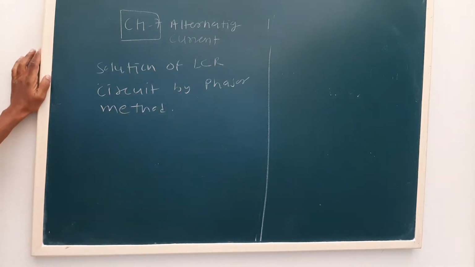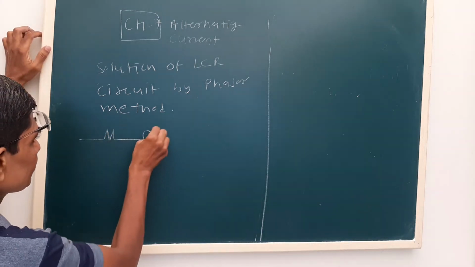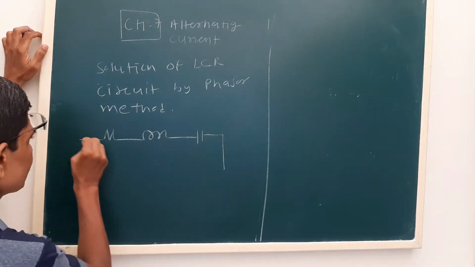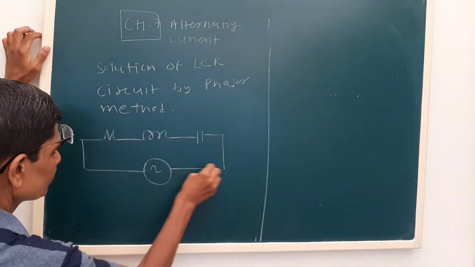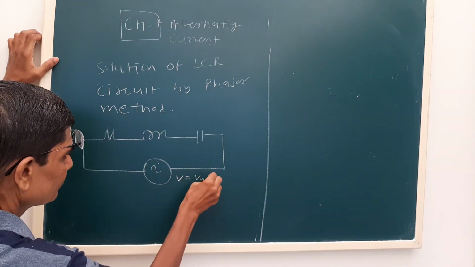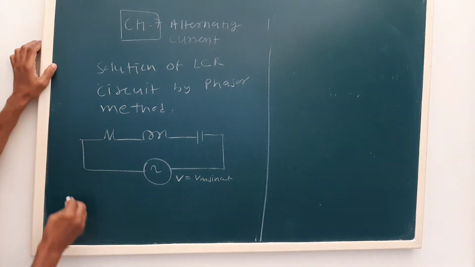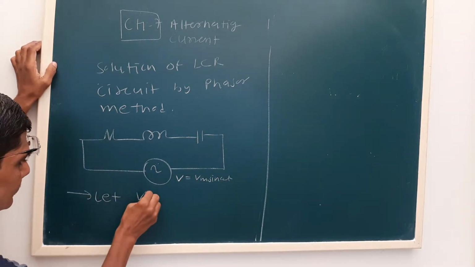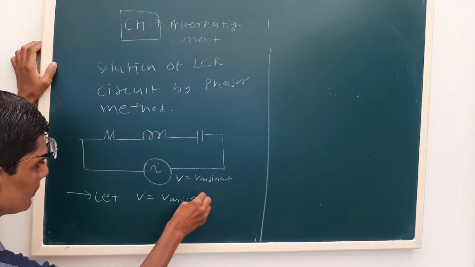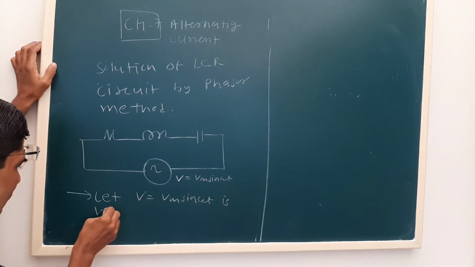Now let us say the voltage supplied is Vm sin omega t. Let V equal Vm sin omega t be the voltage.